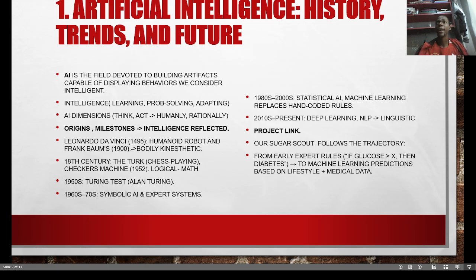So systems were capable of solving problems using hand-coded rules and algorithms, but they could not adapt and learn from the environment. After that we come to see statistical AI and machine learning, where machines were capable of learning, not being hand-coded. Then you have deep learning and so on. So that is a simple introduction to AI and its trends over time.